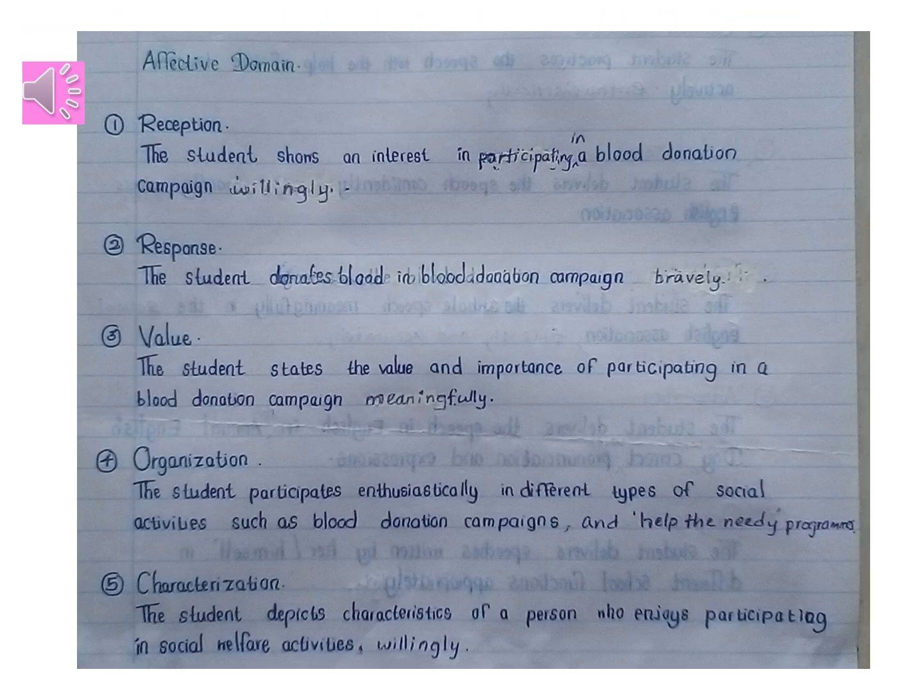Now we'll go through the expected outcomes related to the affective domain. Right? When you write your lesson plans, you write three learning outcomes, no? One for knowledge, one for attitude, and one for skills. So when you write the learning outcome related to the attitude, you can say the student expresses the importance of helping others. The student states the importance of, value of.